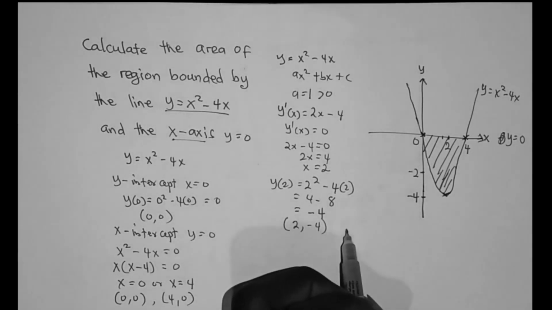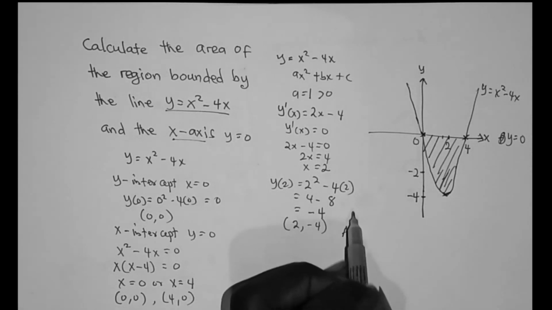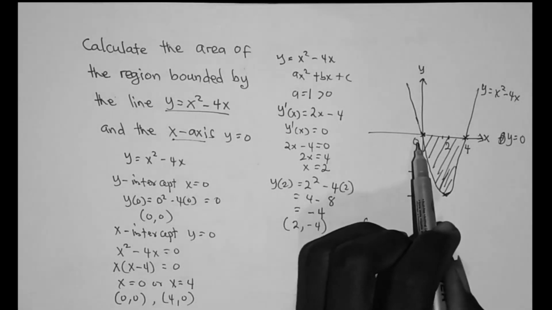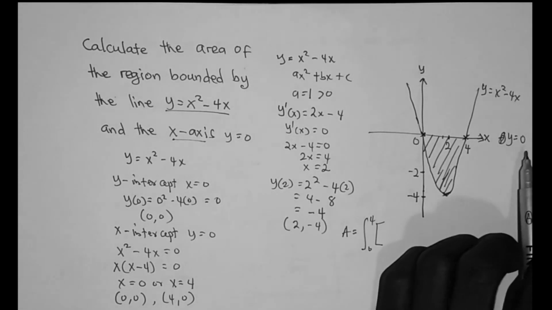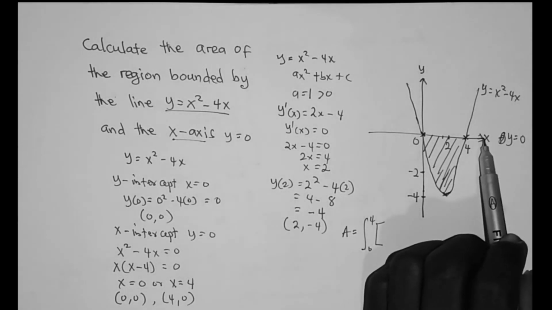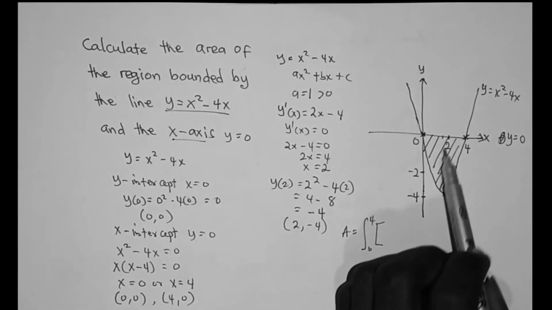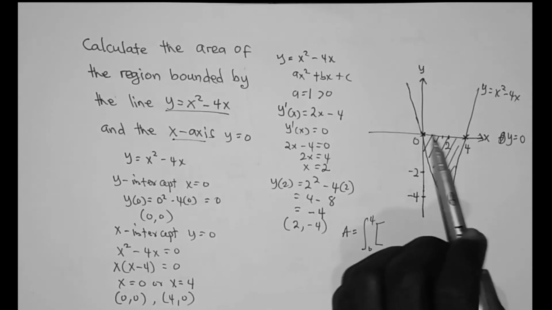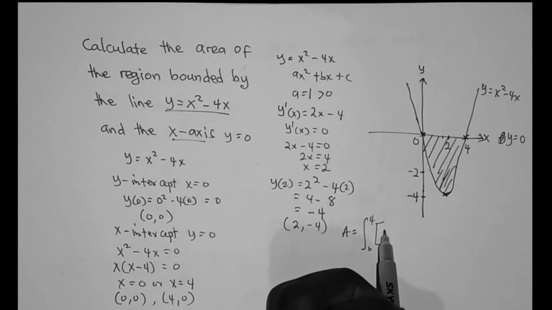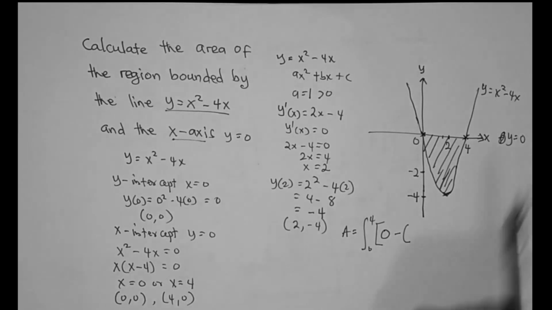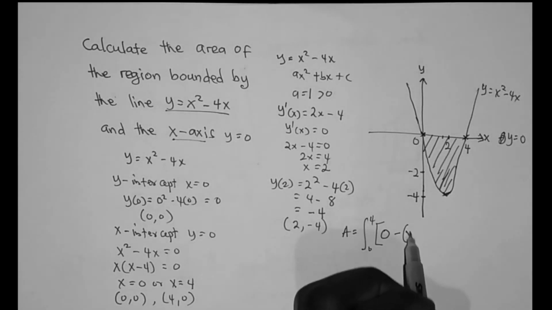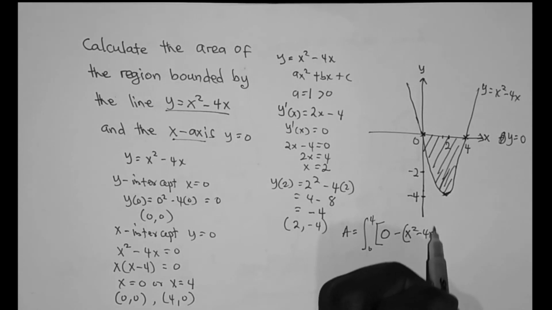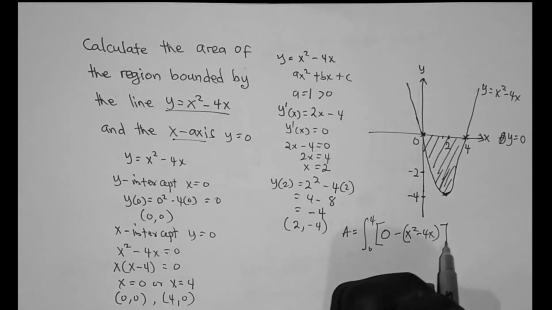So the area A is equal to the integral from 0 to 4 of the function that is on top, y equals 0, minus the function that is beneath, x squared minus 4x, dx.